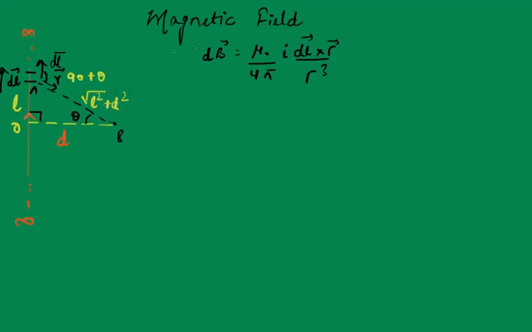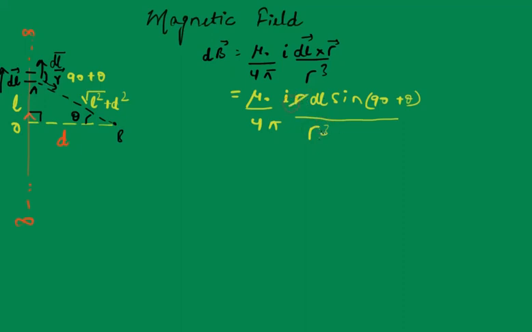Now let's put everything in this expression. The magnetic field dB vector, because of this current element dl vector at point B, will be given by mu naught by 4 pi into I into r dl sine of 90 plus theta divided by r cube.